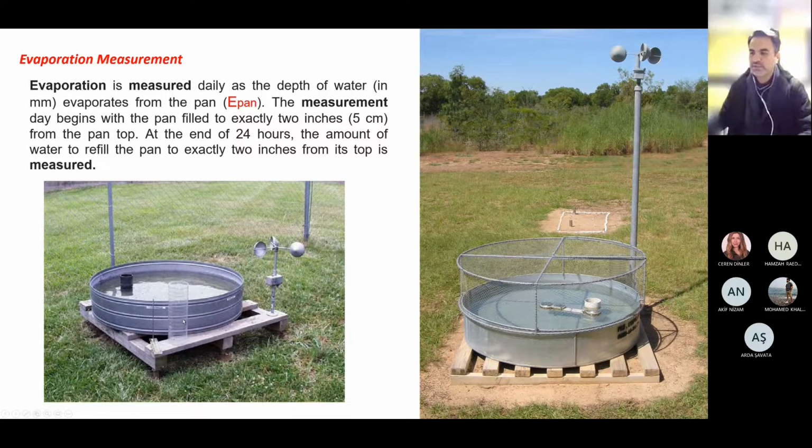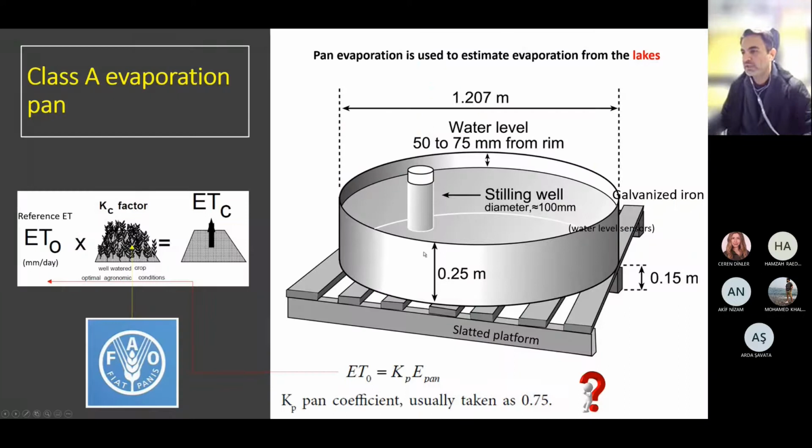More details about how this pan works, I can provide in this slide. Actually, up to 5 centimeter below the crest or edge of the pan, we put water in it, and after 24 hours, we can measure how many millimeters the water surface dropped within the pan.